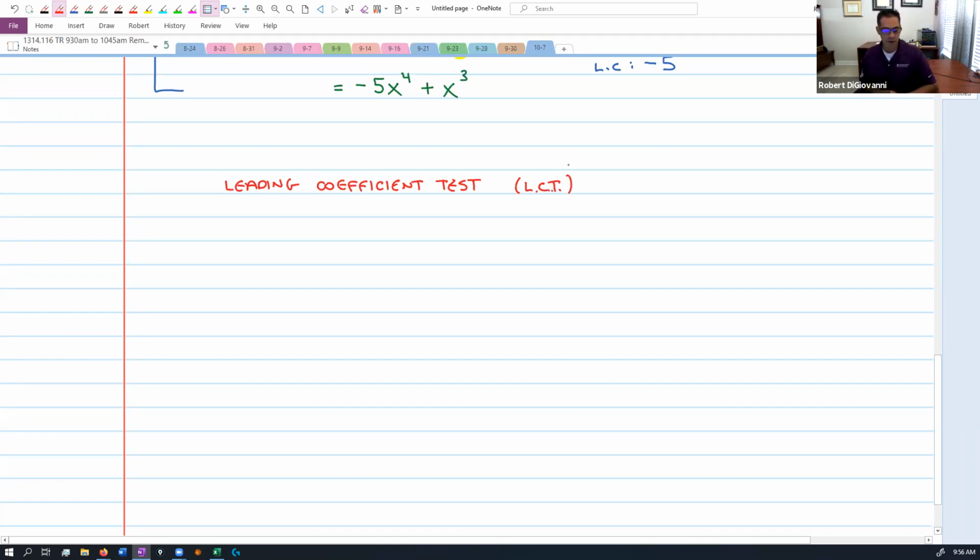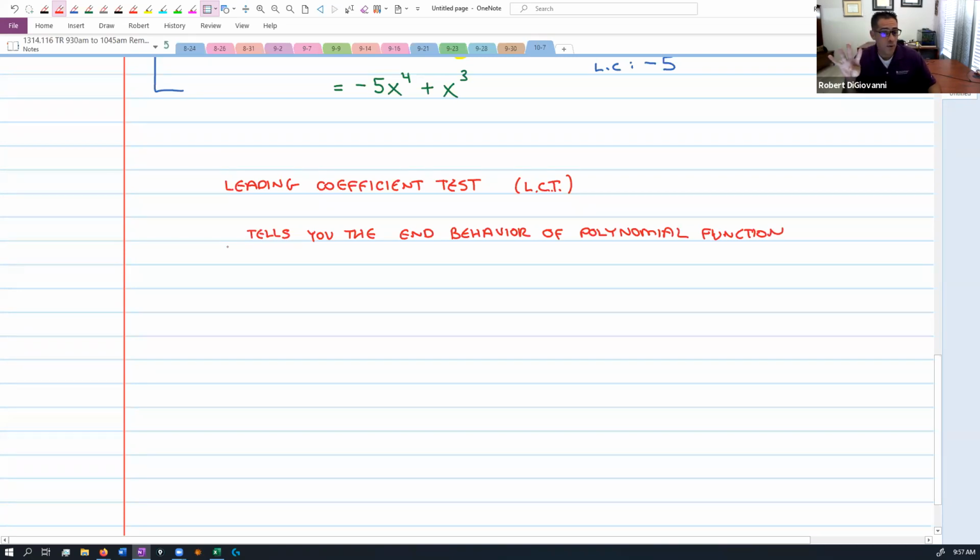LCT, leading coefficient test. What this test does is it tells you the end behavior of the polynomial function. Okay, it tells you what the end behavior is.